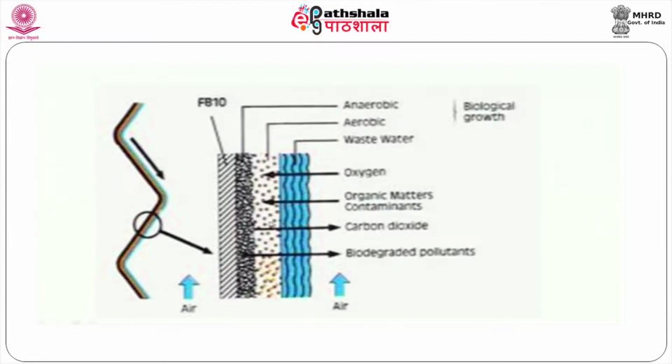Once oxygen reaches here, the organisms present very close to the media surface utilize whatever oxygen diffuses into the biological layer. So, those microbial communities residing very close to the media surface may not get adequate oxygen for their metabolic activity. So, these organisms enter the endogenous phase of decay. So, these organisms will enter the death phase. At the same time, the organic carbon available here may not diffuse into the inner layer.